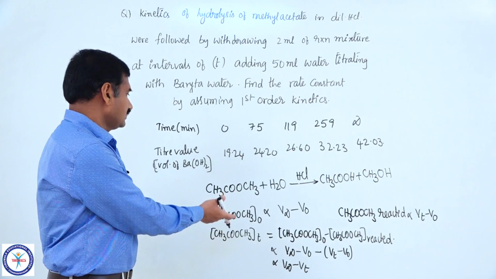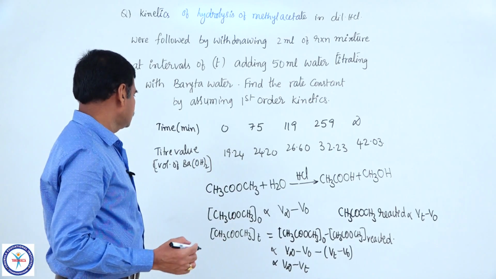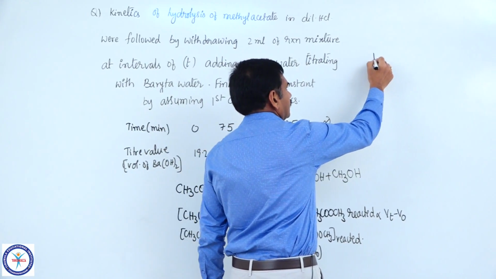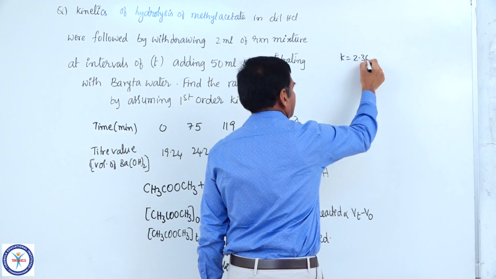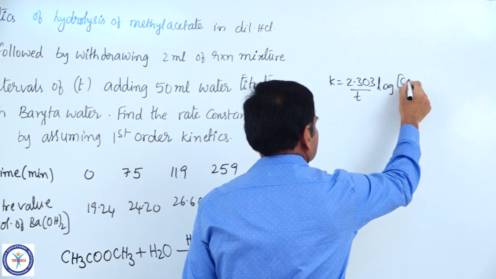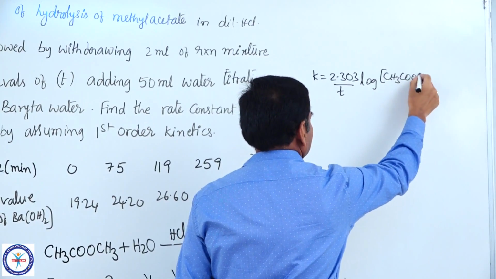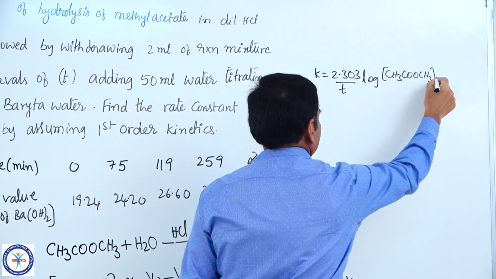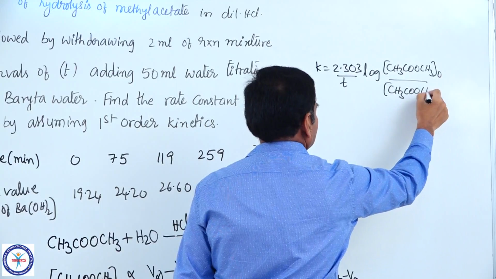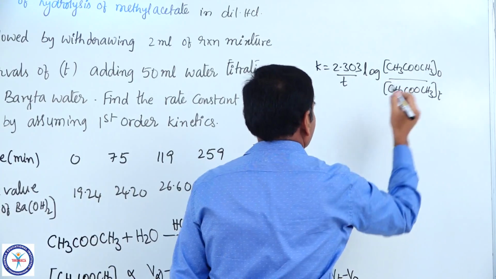Now, substitute these values in the equation. K equal to 2.303 by T into log CH3COOCH3 at time 0 divided by CH3COOCH3 at time t.